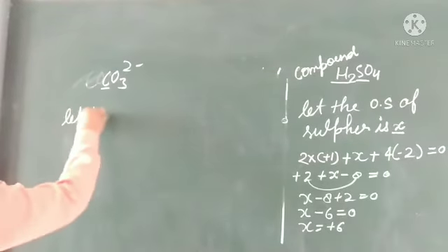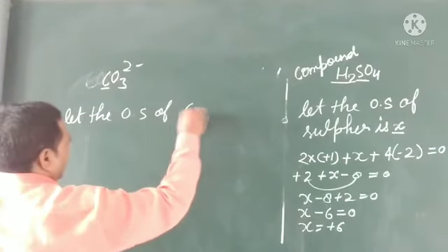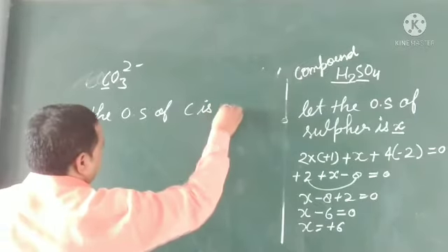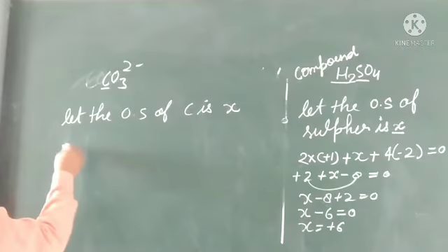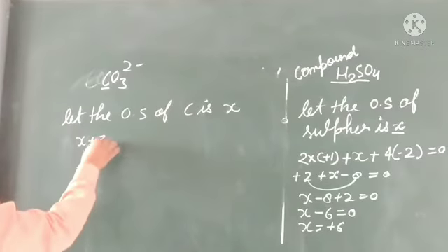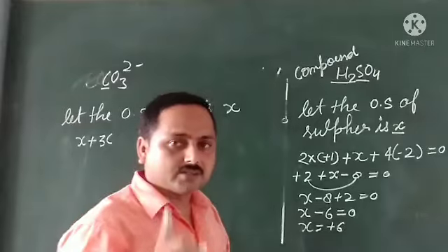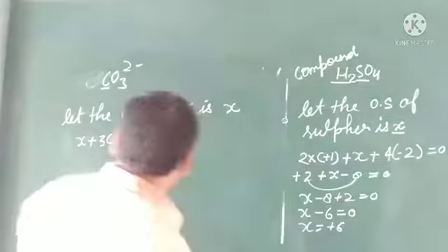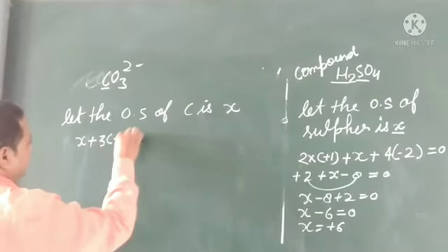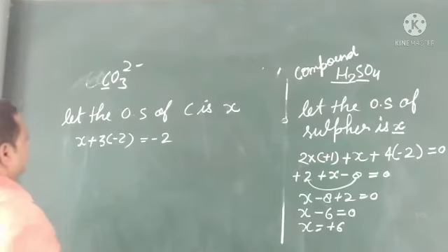Let the oxidation state of carbon be X. So I will write X plus 3 oxygen atoms, oxidation state -2, equals minus 2.